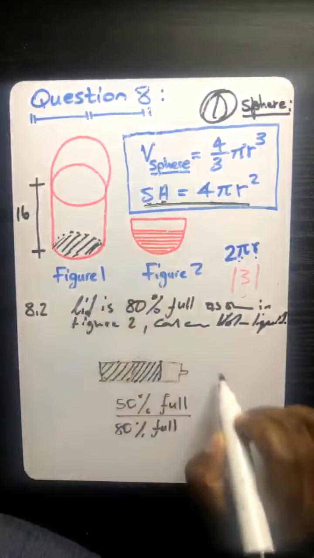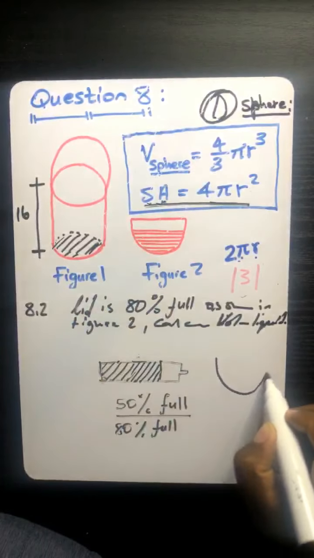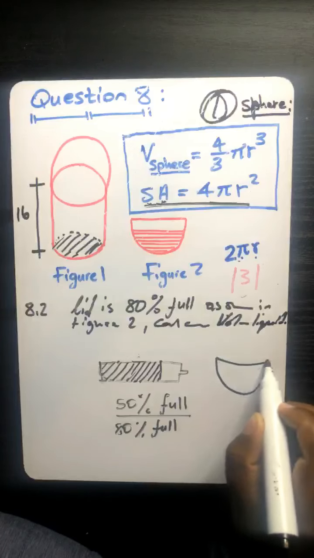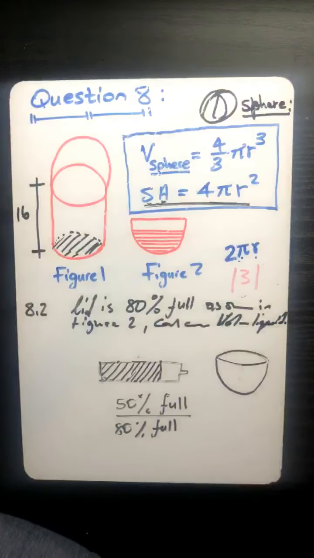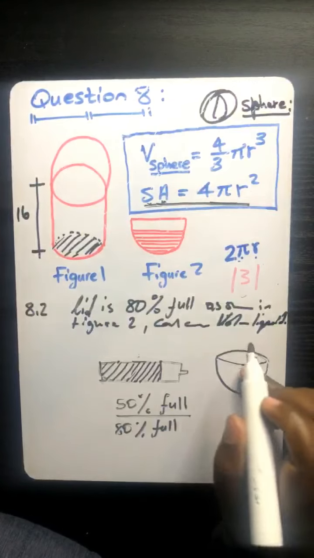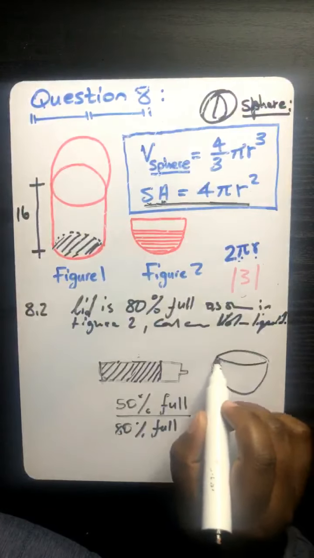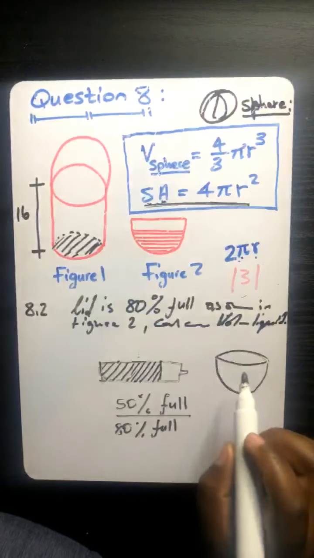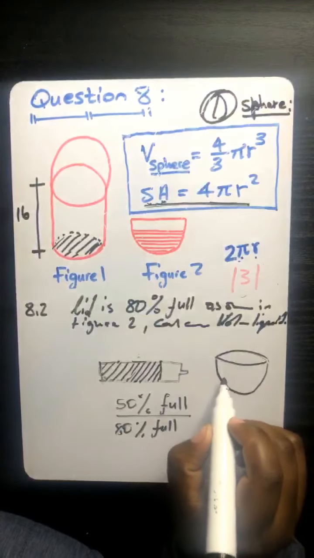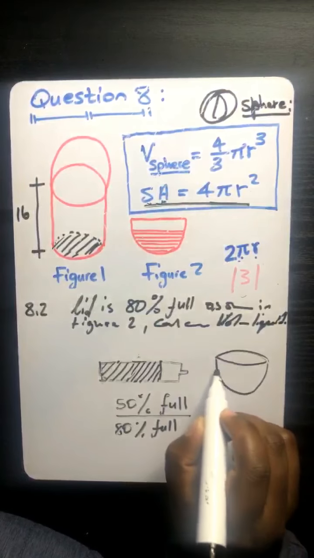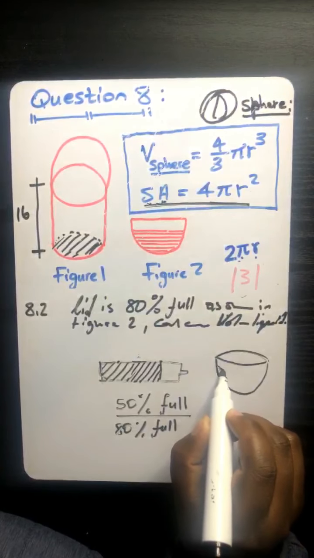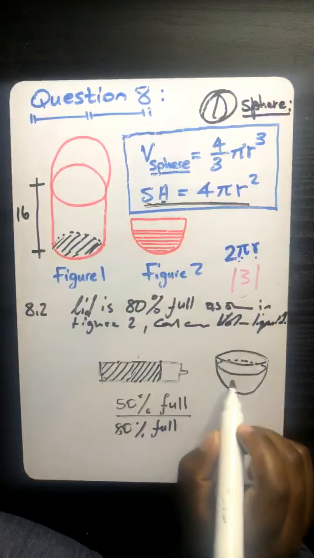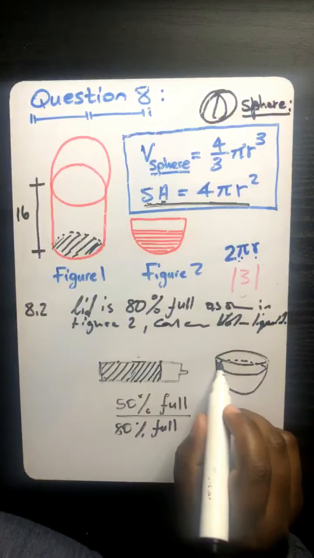Similarly, there you have that hemisphere. It's more like a cup. So when it's 80% full, it's more like, for example, it's full up to, let's say, somewhere there.